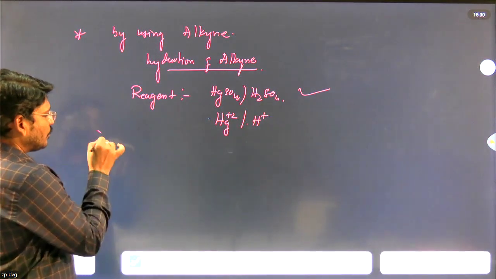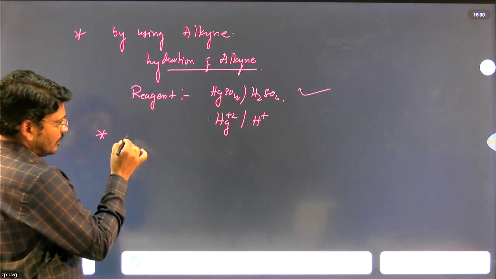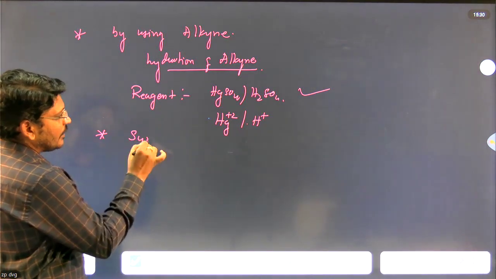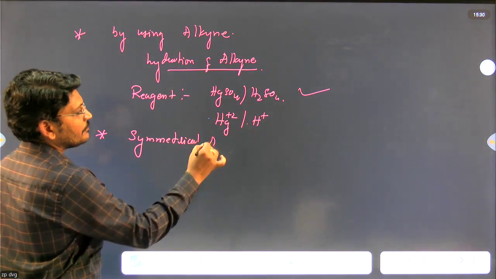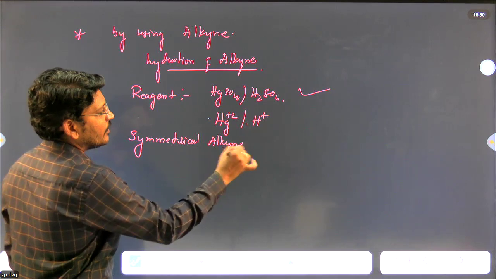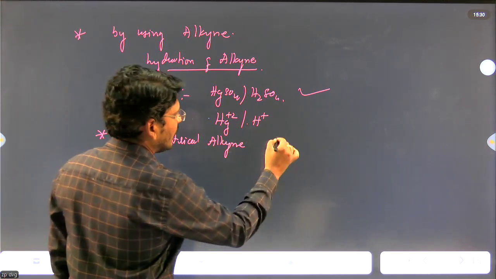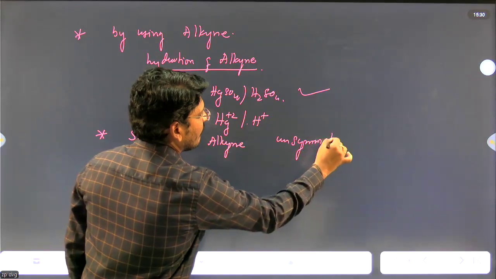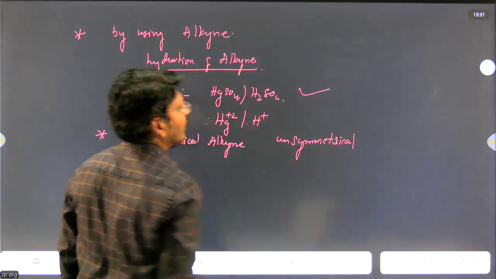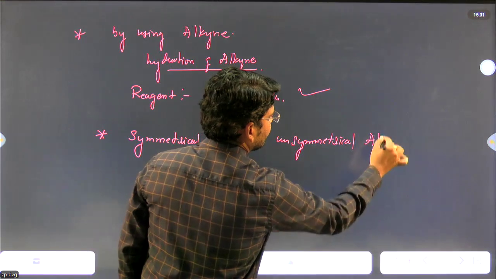We can take two types of alkynes here. We already know symmetrical alkynes as well as unsymmetrical alkynes.